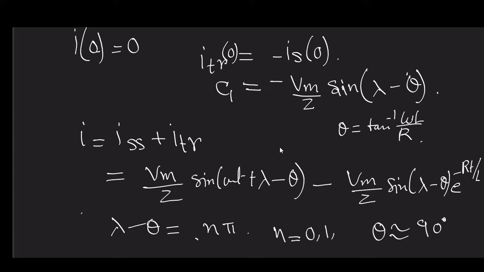But what we can see instead is that if we ensure lambda is close to pi by 2, that is, we switch an inductive circuit when the supply voltage reaches its peak value, or just prior to the supply voltage reaching its peak value in the positive direction, then we can make sure that the transient part is very small.